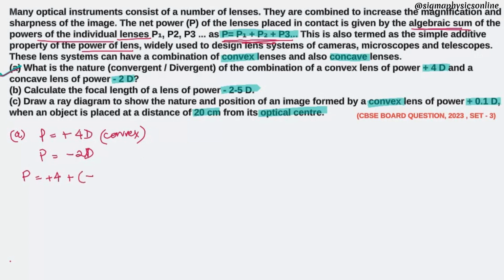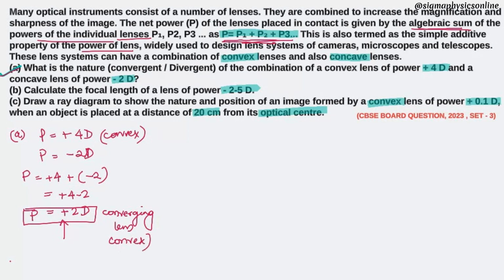So plus 4 minus 2, which is plus 2D. So the net power will be plus 2D and it will be a converging lens. Why? Because the power we are getting is positive. Positive power means it's a convex lens, or a converging lens. So the answer is convergent.